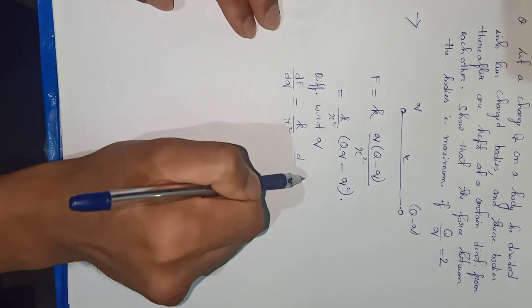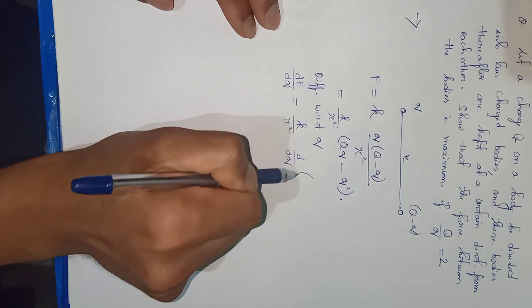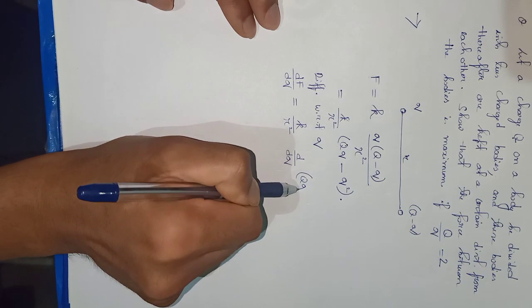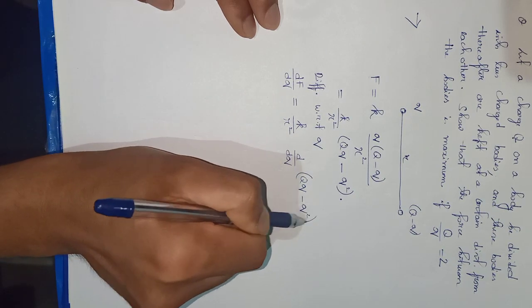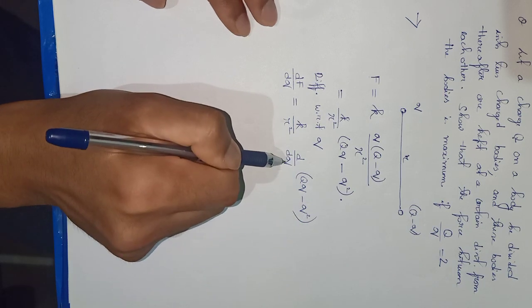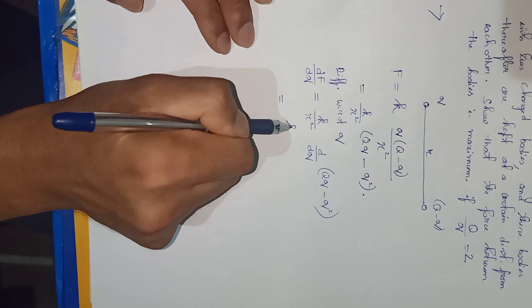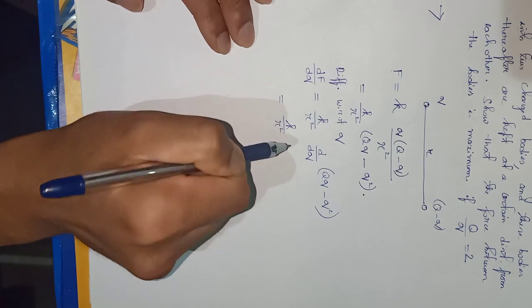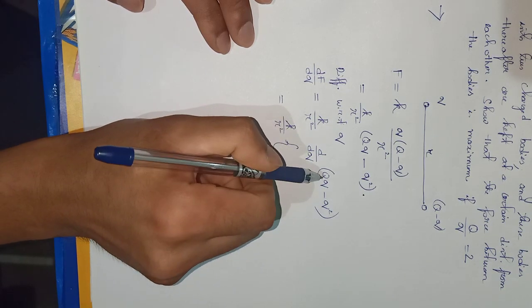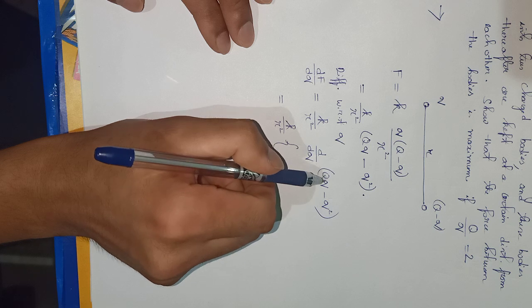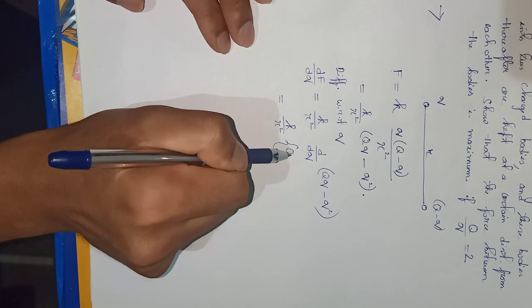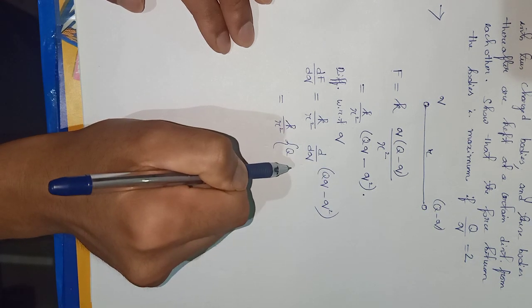So we will differentiate capital Q into small q minus small q square with respect to small q. So this gives you K by r square. Now capital Q, being independent of small q, will come out of the differentiation.